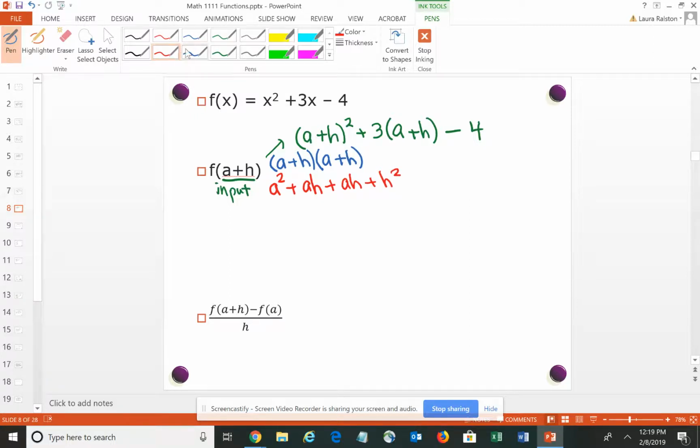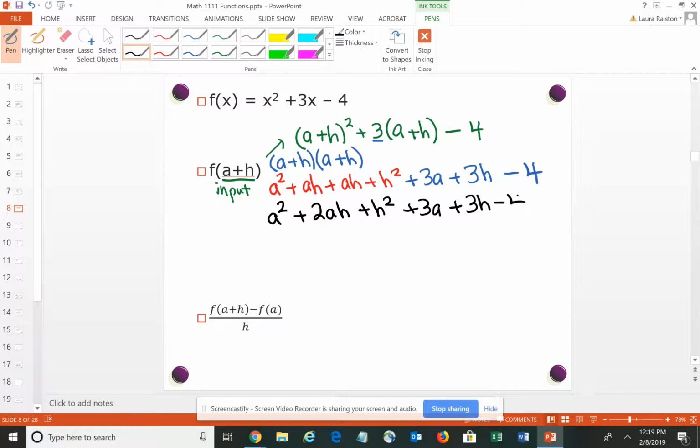Then I also need to distribute the 3 through the parentheses. So I'd have plus 3A plus 3H, and then the minus 4 still tagged at the end. There are a couple of like terms there, so when I put all this together, I have A squared plus 2AH plus H squared plus 3A plus 3H minus 4.